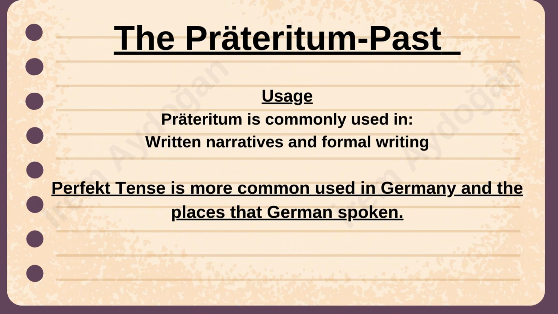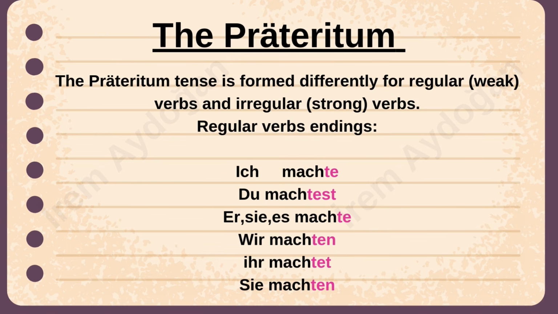This tense is formed differently for regular and irregular verbs, and for regular verb endings we have some rules. Ich machte, du machtest, sie/er/es machte, wir machten, ihr machtet, sie machten.